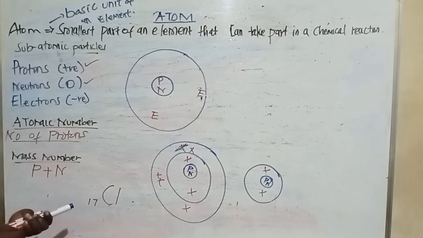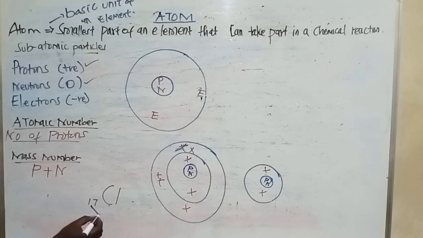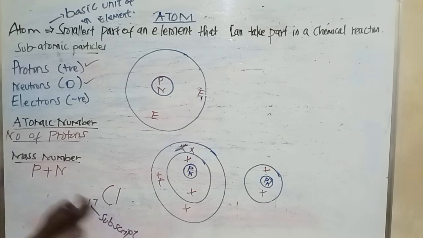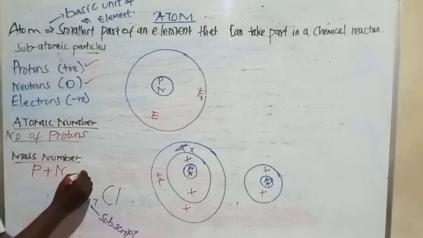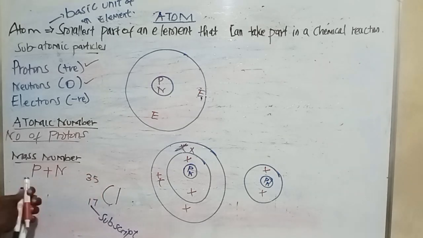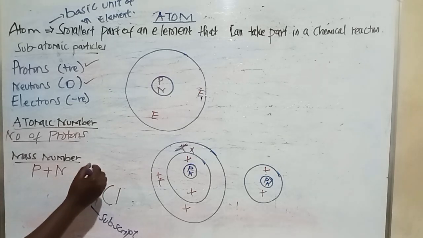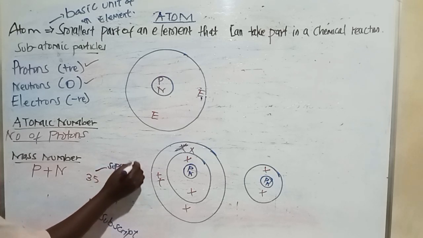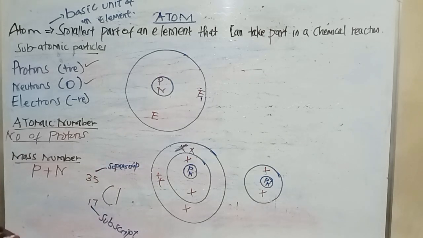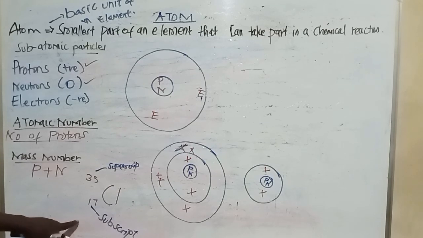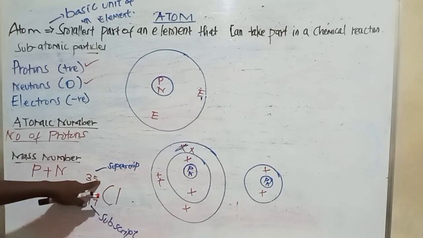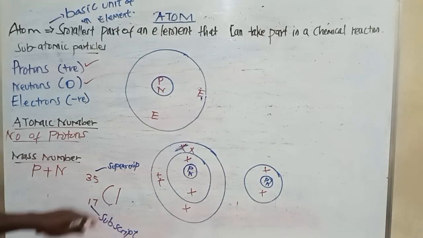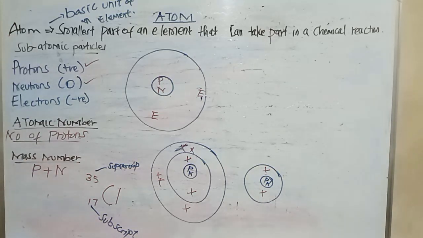We say for chlorine, the atomic number is written as the subscript, while the mass number, which is 35, we are going to write on the superscript. So the atomic number is normally written as the subscript, while mass number is written as the superscript in an atom. So that is it about atoms.